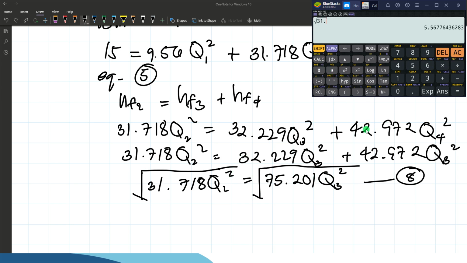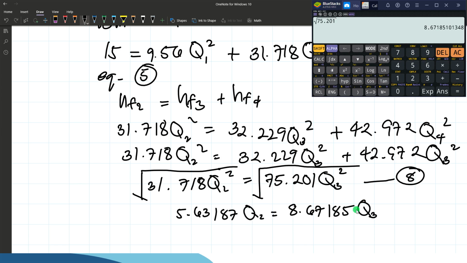Square root of 31.718 to make this equation simpler: 5.63187 q2 is equals to square root of 75.201, 8.67185 q3.